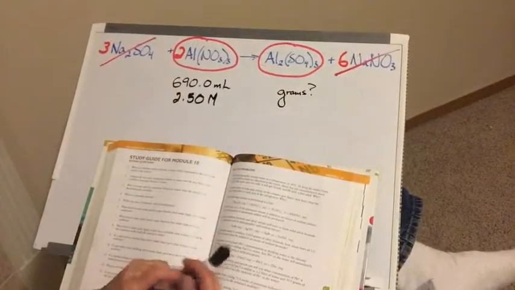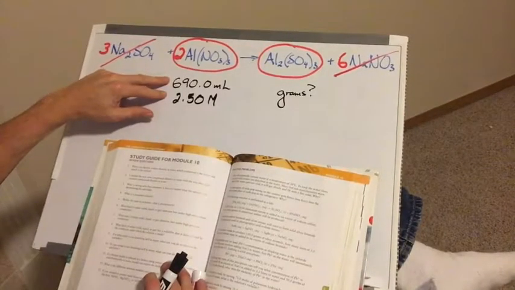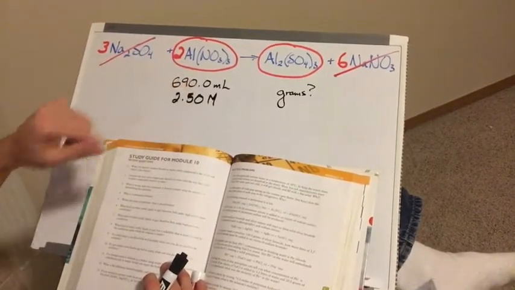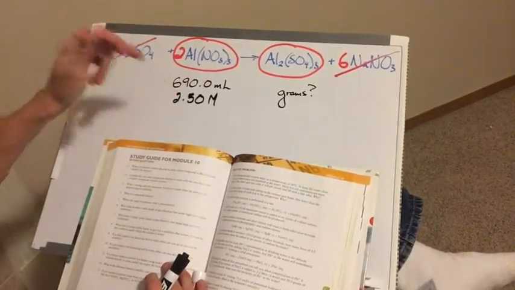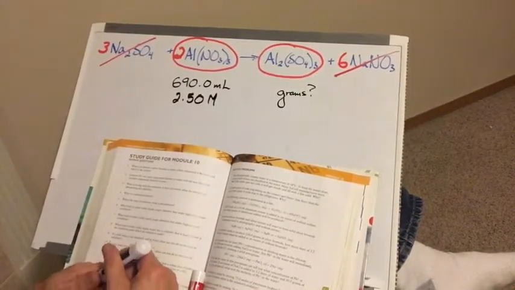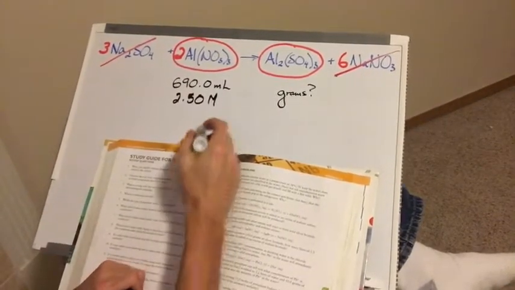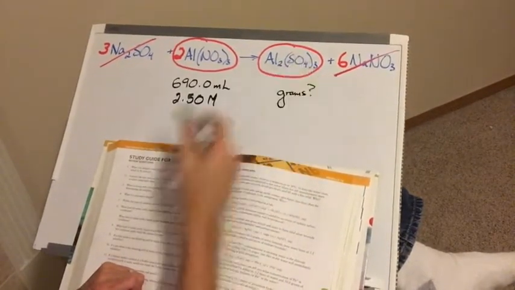So the bottom line is we're given some information about aluminum nitrate. These two pieces of information, the volume and the molarity, are going to help us find moles, and that's going to help us eventually get to the question asked, grams of aluminum sulfate.